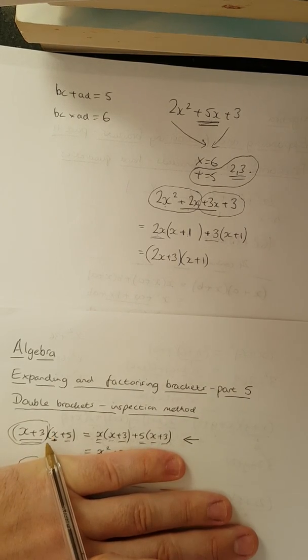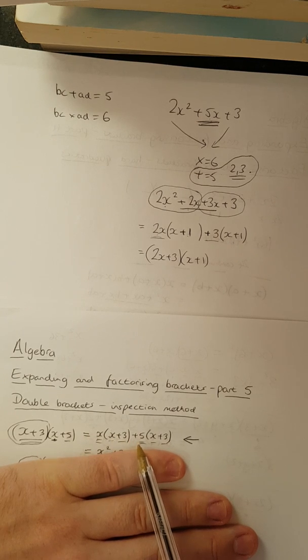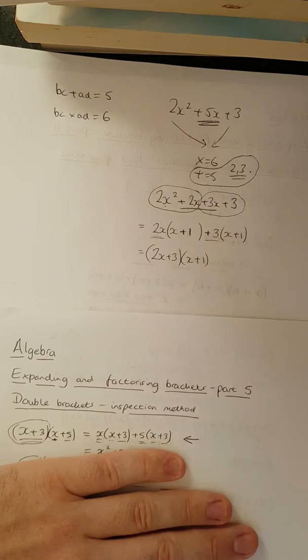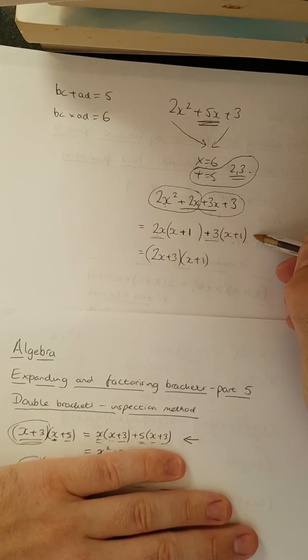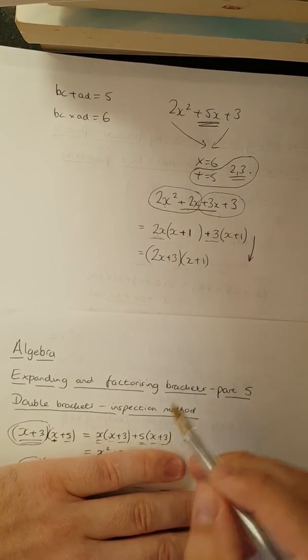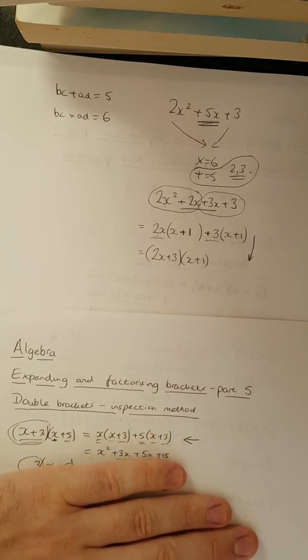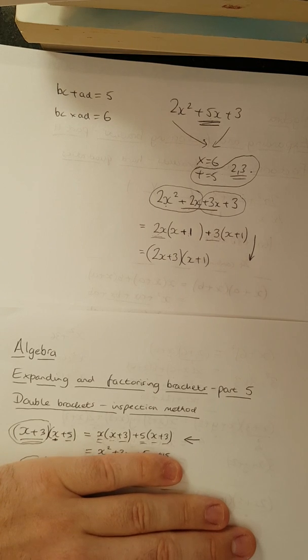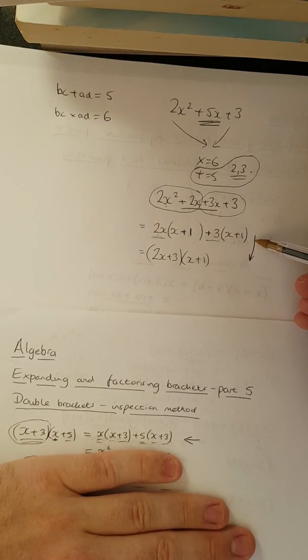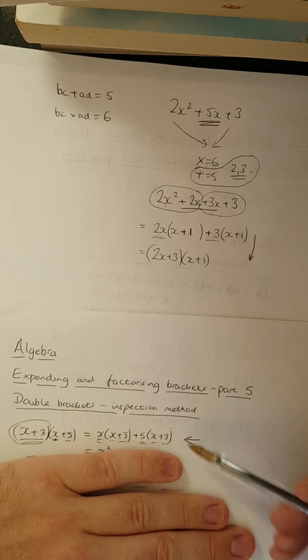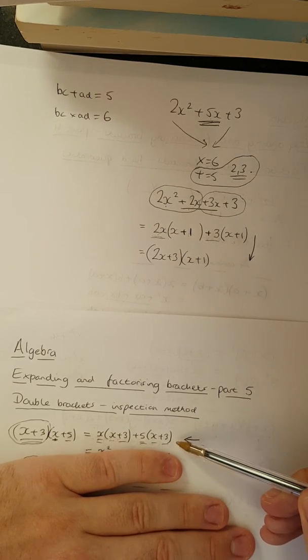Now we've taken it here from the brackets to put it in this format. Here we're taking it from the single brackets into the double brackets. So we're going this way. Can you see how that step works? So now look here at how we expand again.